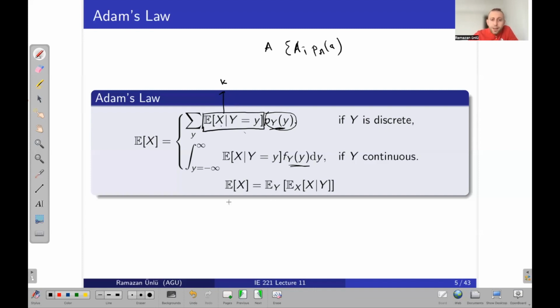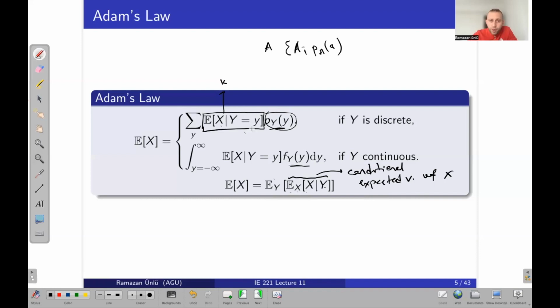That's why I can write the expected value of X, the unconditional one, as the expected value of the expected value of X given Y. This inner part is the conditional expected value of X, and that is coming from that one.